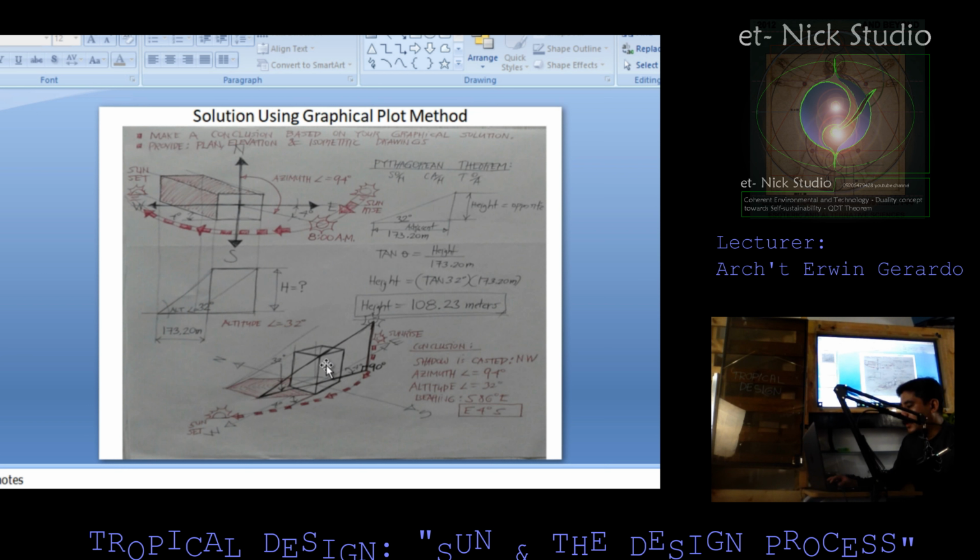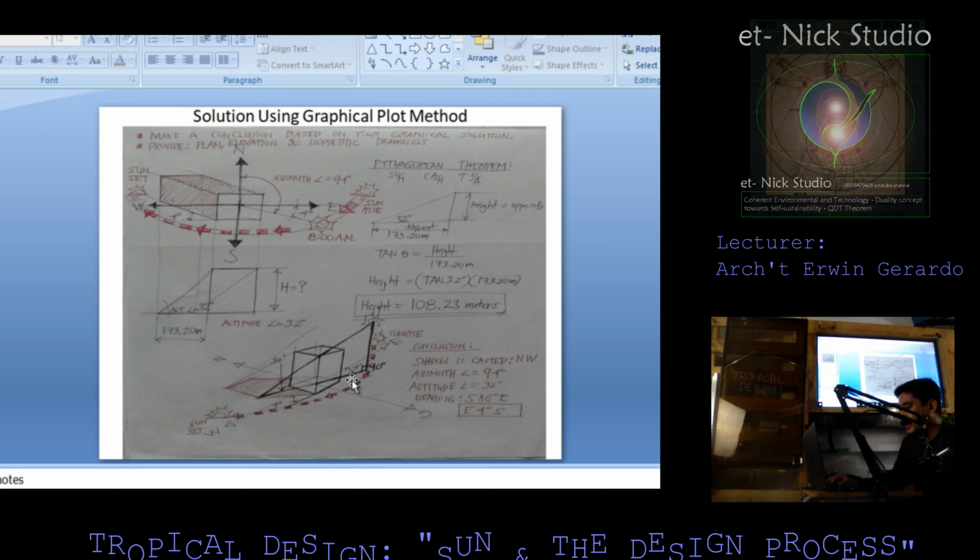So from here, we would like to graph carefully how the isometric is shown based on our solution. Take note that the solar angle, which is the altitude angle, is 32 degrees. Now, if we plot this from the building, we have 94 degrees from north to west, going to northeast.